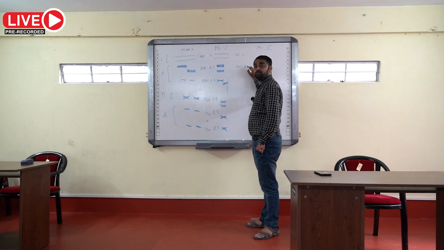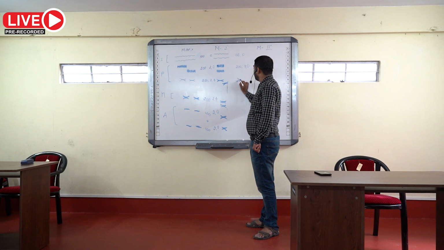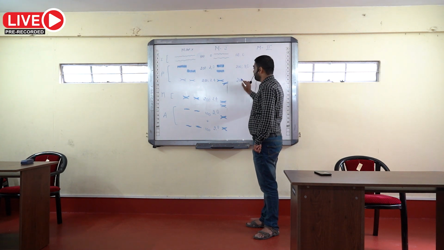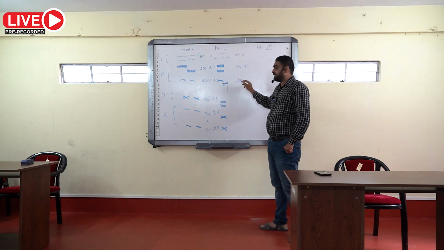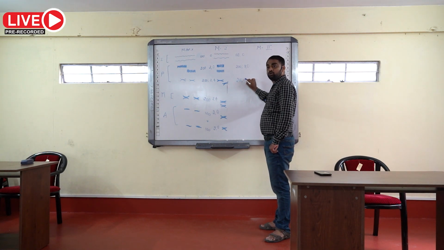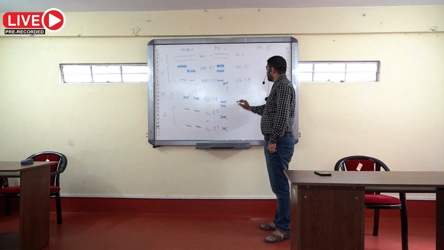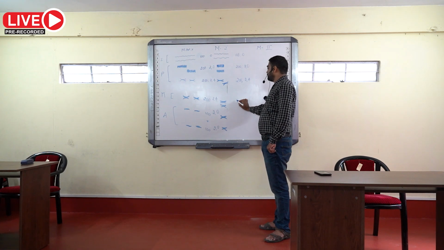How many chromatids? 0 chromatids. Here, 200 units of DNA. Same so far, till metaphase. 200 units of DNA. How many chromosomes? 2 chromosomes. How many chromatids? 4 chromatids.